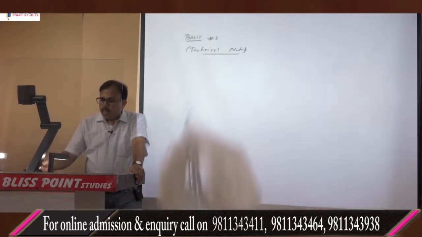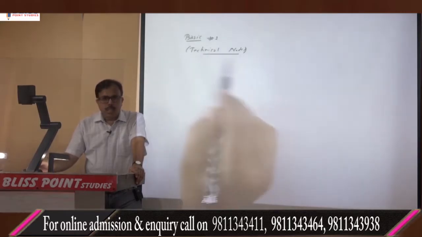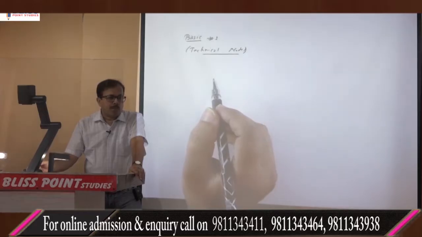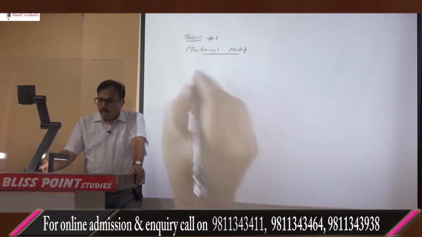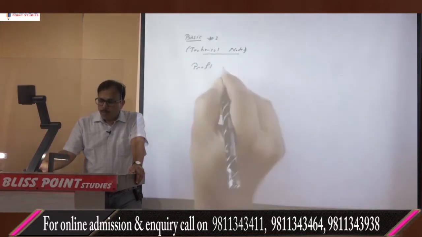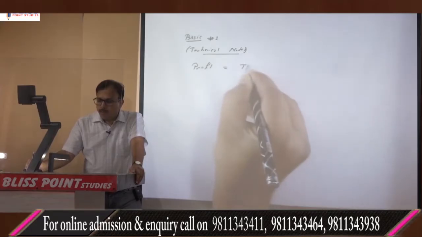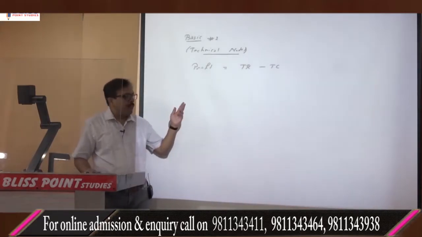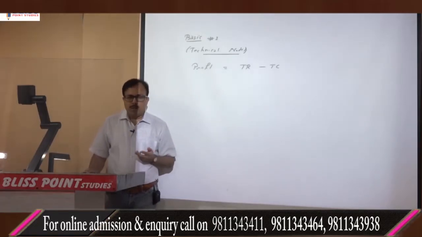This first note is basically dealing with that. The firm will always produce that much output where its own profit gets maximized. Now, as you know, when we want to calculate profit, then profit will be the difference of revenue and cost. And what is revenue?